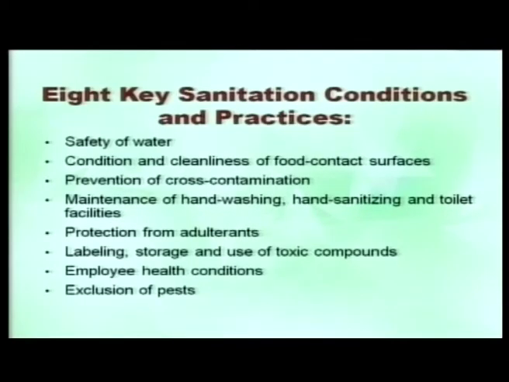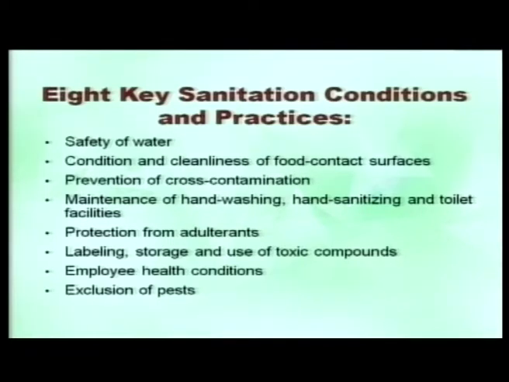Now, we will go to the 8 key sanitation conditions which need to be practiced in any food business, which include safety of the water. That means the water being used is safe. Condition and cleanliness of food contact surfaces: anything which comes in contact, including your hands, your dress, the tables where you are working, everything should be clean.